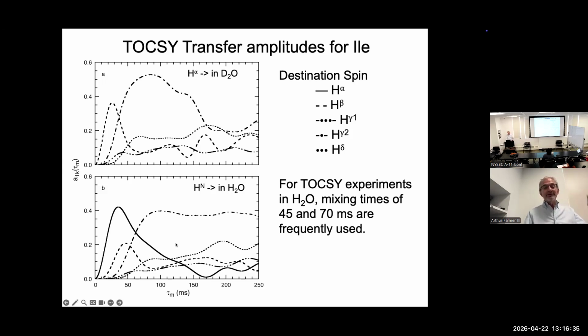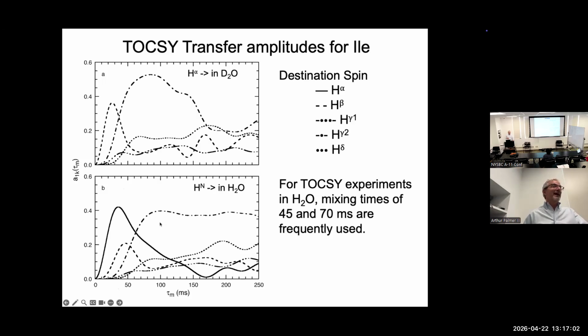And if you look at a bunch of these, you can see that in water, mixing times of 45 and 70 milliseconds are pretty common in the literature. So 45 really emphasizes the transfer from the amide hydrogen to the alpha hydrogen. And then at 70 milliseconds, you have reasonably high transfer to all the others.